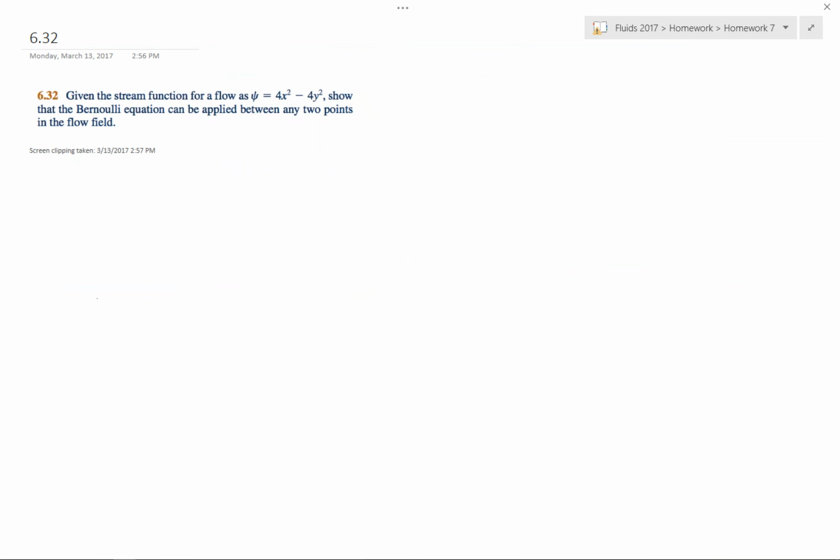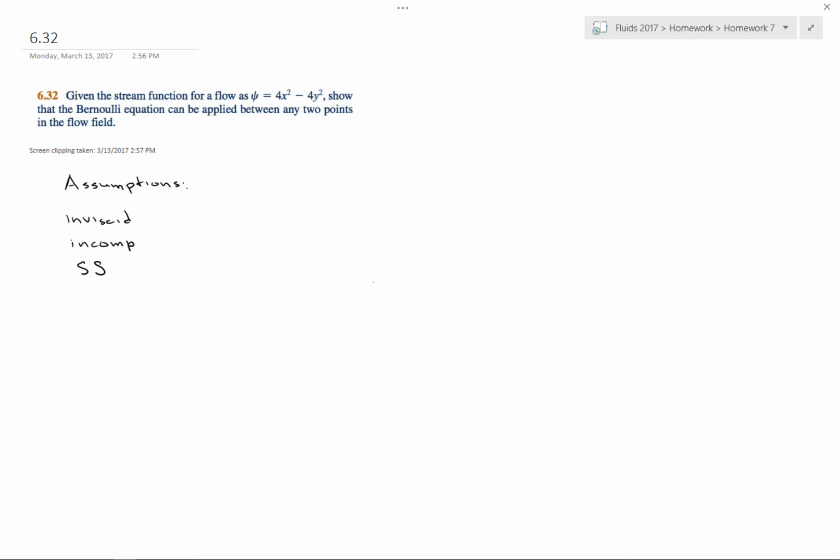Instead of a streamline, now we can say, because we're looking between any 2 points, so not along a streamline, but anywhere. So what does that mean the flow has to be in order for it to be applied between any 2 points?